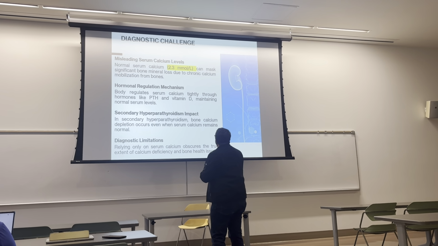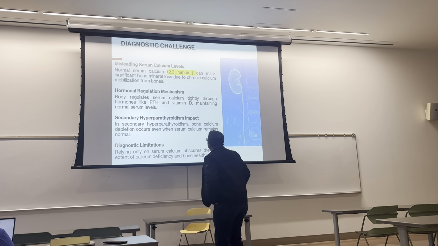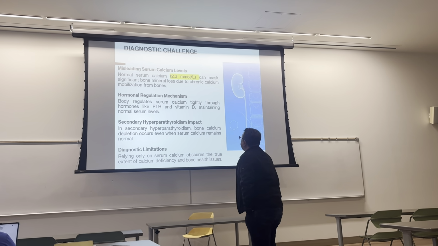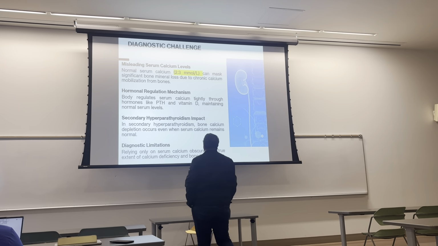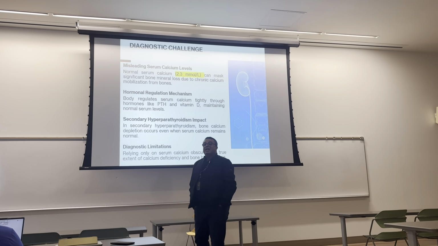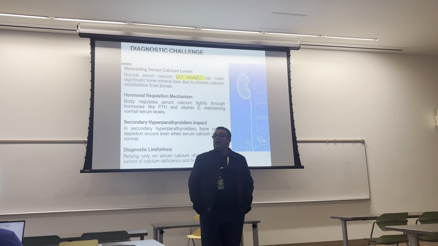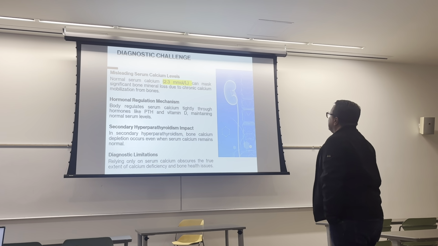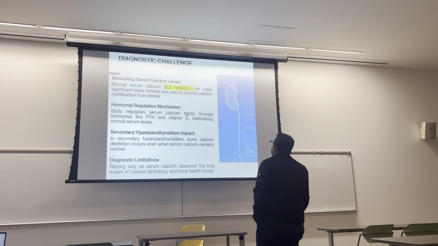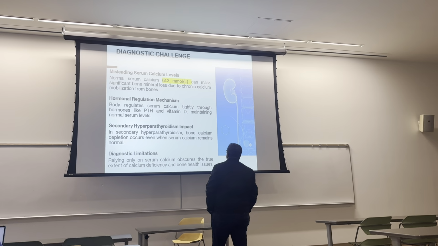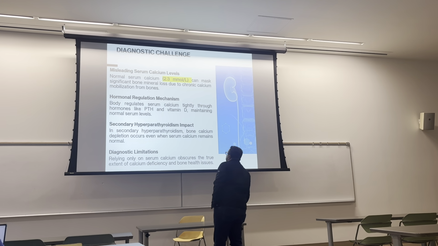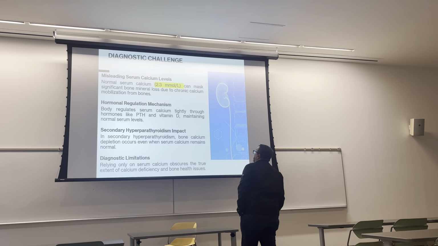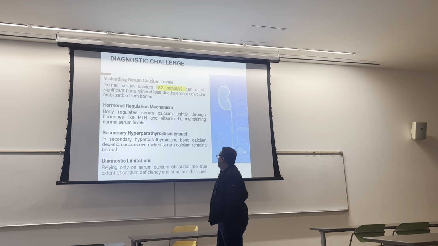Secondary hyperparathyroidism impact. What do we mean by secondary hyperparathyroidism? It is the increase in the parathyroid hormone due to the calcium deficiency. This is what we mean by secondary hyperparathyroidism. Calcium depletion occurs even when the serum calcium remains normal.